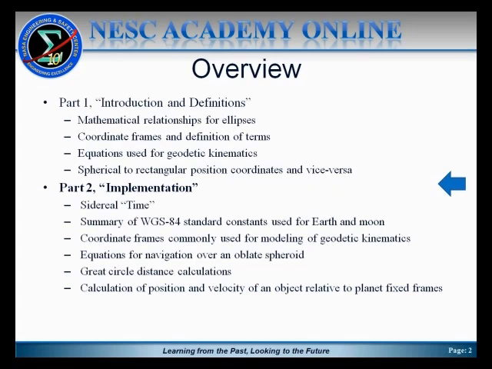We'll also discuss how to compute great circle distances, and finally the calculation of position and velocity of an object relative to some planet fixed frame if you have its information in, say, an Earth-Centered Inertial frame and you want to convert it to a planet fixed frame for convenience.